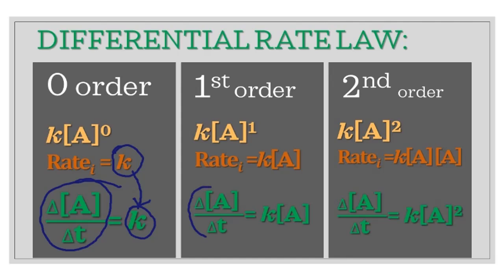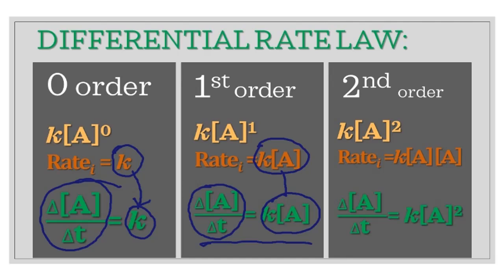And here is the change in concentration over the change in time. And this is the first order formula for the rate. The rate constant times the concentration of A. So we set those equal to each other. So this would be the differential rate law for the first order.